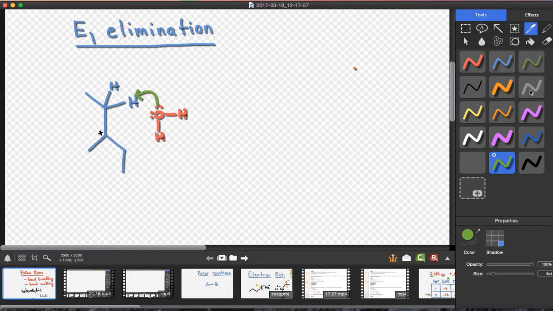To understand the nomenclature, you need to understand that the carbon that was bonded to the leaving group is an alpha carbon, and then one carbon removed is a beta carbon, and any hydrogen attached to a beta carbon is a beta hydrogen. In the context of biochemistry, one would call this a beta elimination. It is not synonymous with E1, but rather with E2.